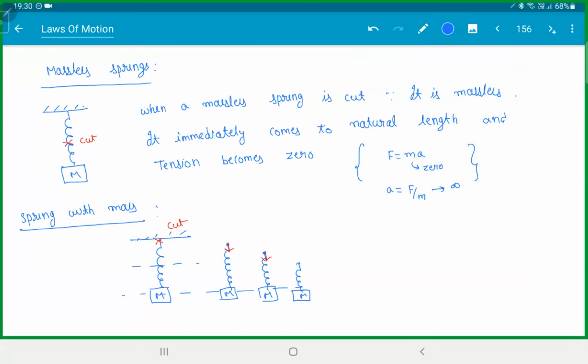Now let's say this is the natural length. The block won't move until the spring comes to natural length, and now the block will start falling, and the spring will remain in natural length.